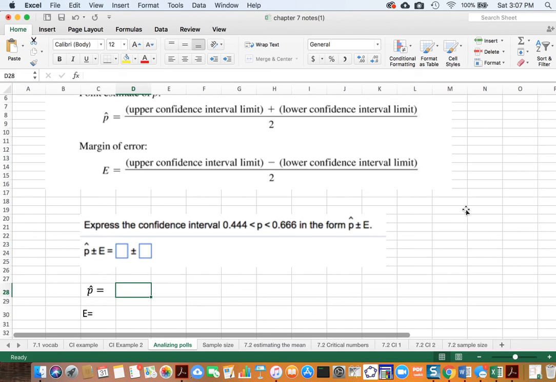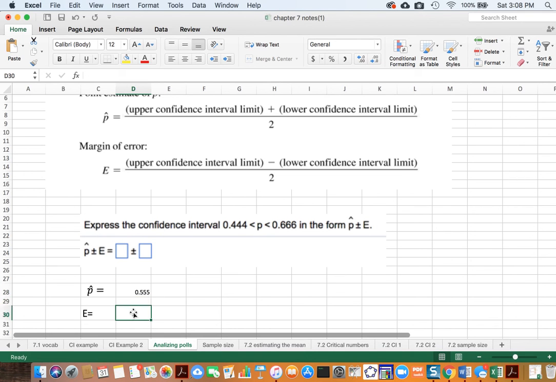So let's try it. I guess let me use the upper first. So there's our midpoint, which is our sample proportion.